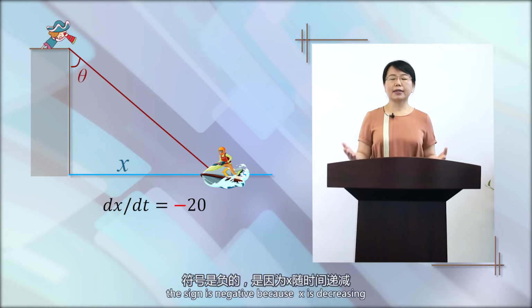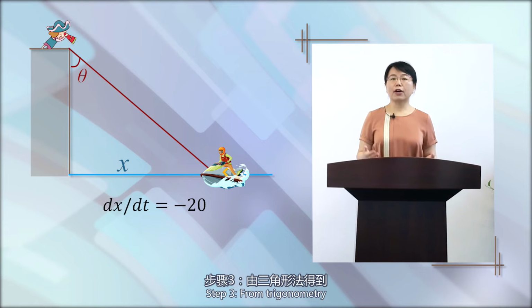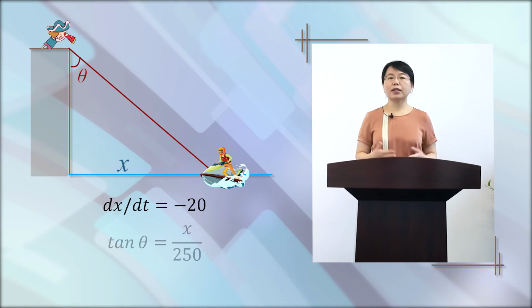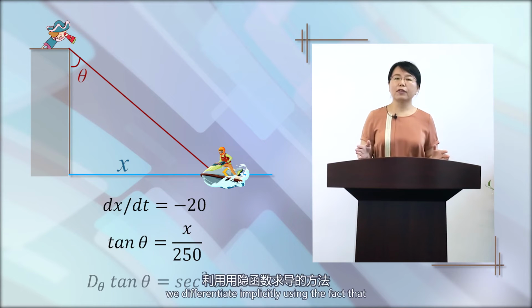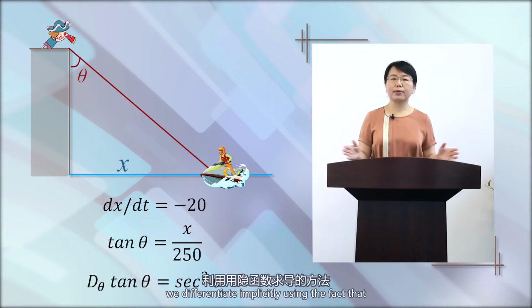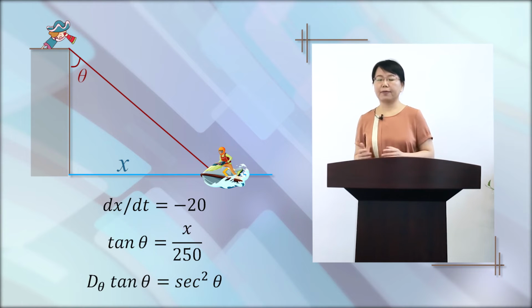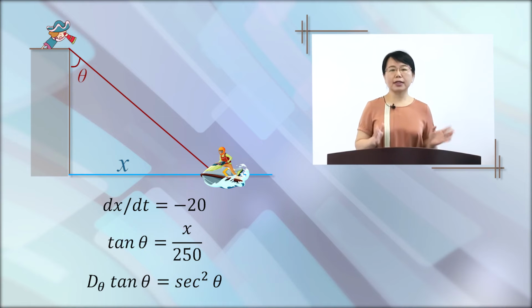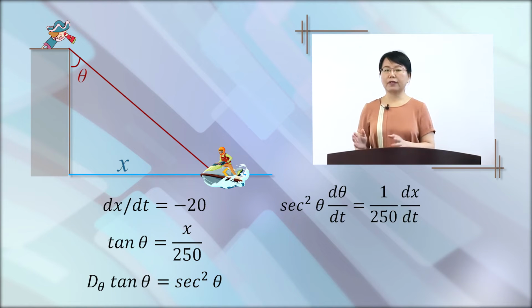The sign is negative because x is decreasing. Step 3. From trigonometry, we know tangent theta is x over 250. Step 4. We differentiate implicitly, using the fact that the derivative of tangent theta is secant squared theta. This gives secant squared theta times d theta/dt equals 1 over 250 times dx/dt.